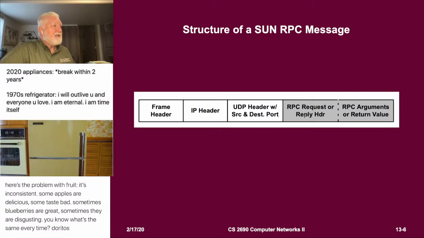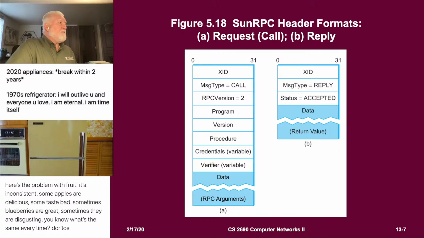And then here comes the RPC request or reply header, and the RPC arguments or return value. That one was SunRPC. This one is also SunRPC, just a particular brand of RPC.